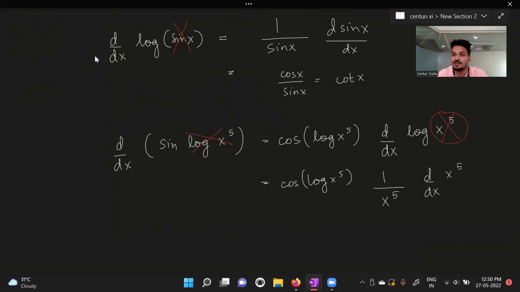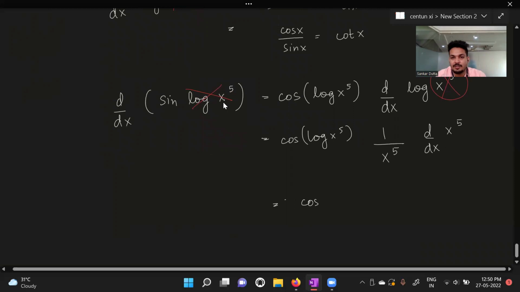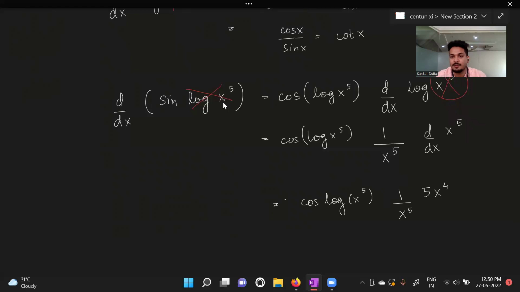Now this one, no need to use chain rule, this one you can directly do. So from here you'll get the answer, cos of log x raised to power 5, 1 upon x raised to power 5, and the differentiation of this would be 5 times x raised to power 4.